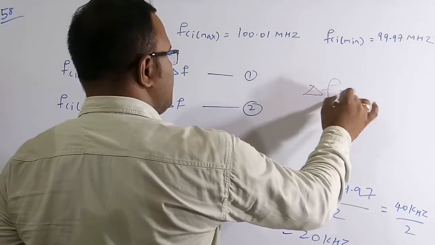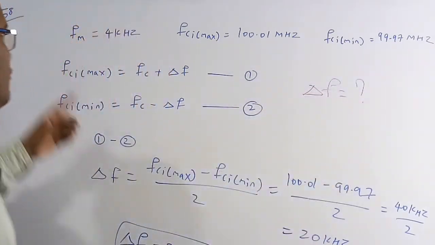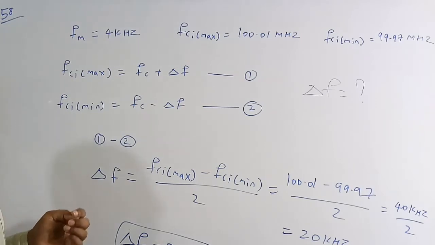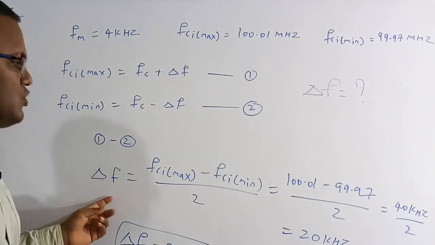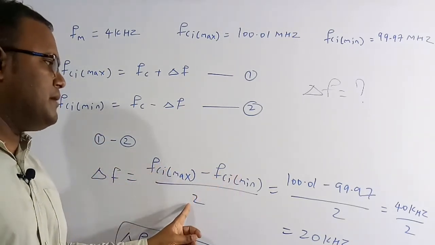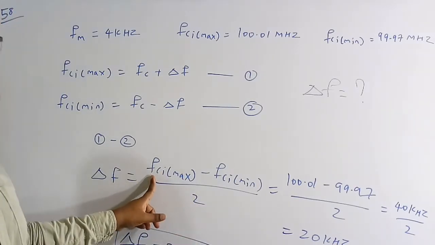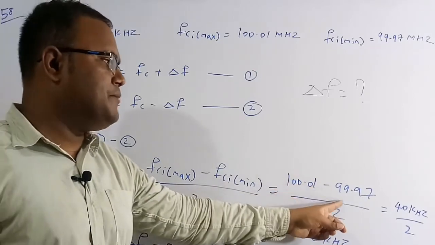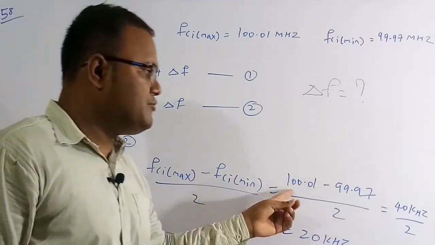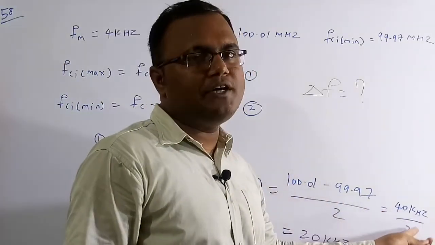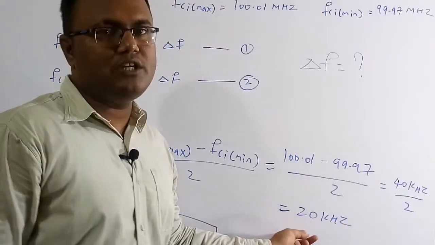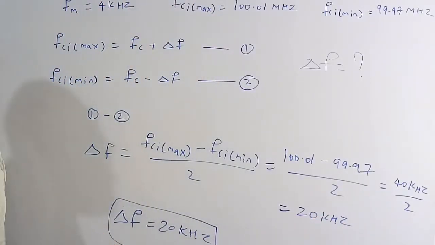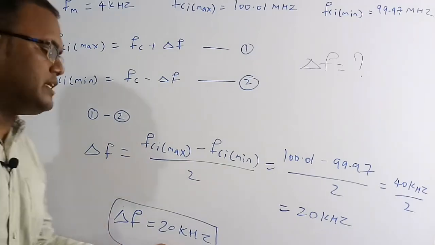First equation minus second equation, so delta f is equal to (f_ci max minus f_ci minimum) by 2. Substituting 100.01 MHz and 99.97 MHz, we get 40 kHz by 2, which is 20 kHz. So the frequency deviation in the FM wave s(t) is 20 kHz.